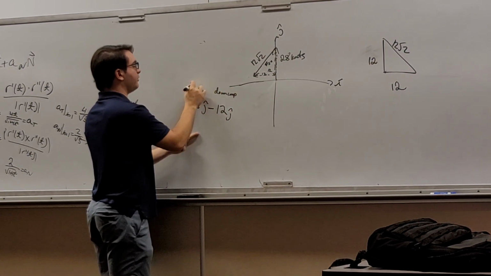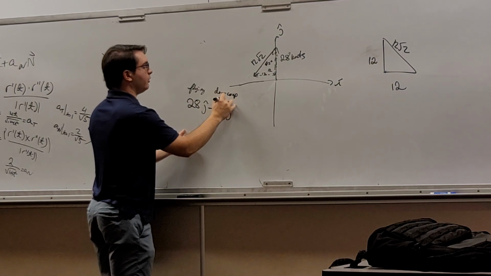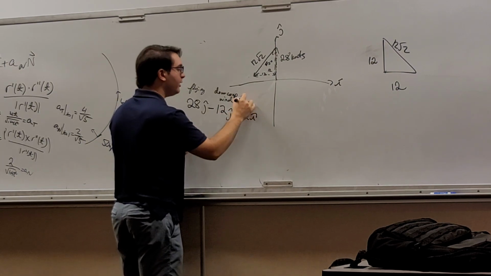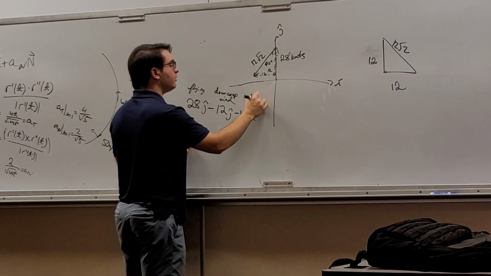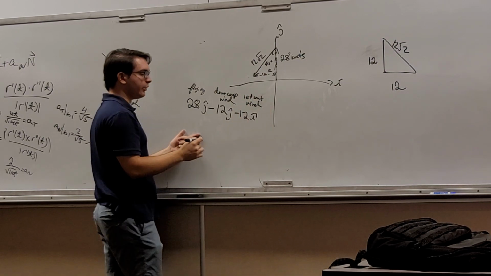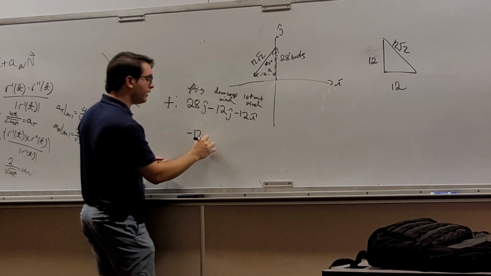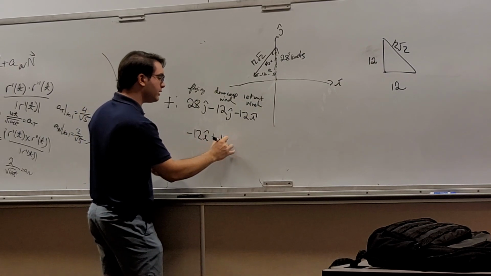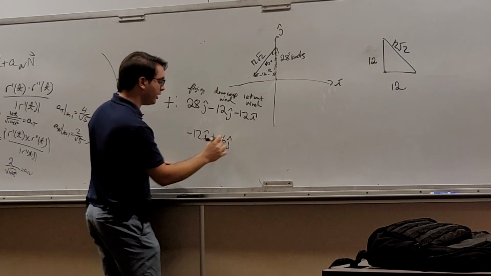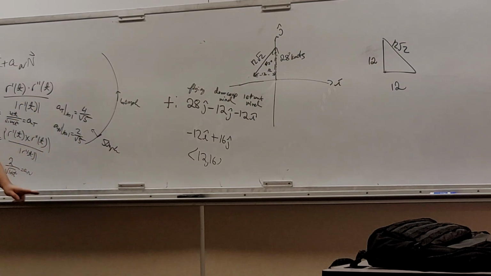And then minus 12I from the leftwards component. So when I sum all these together, I'm going to get that it's minus 12 in the I plus 16 in the J. Or also known as negative 12, 16.